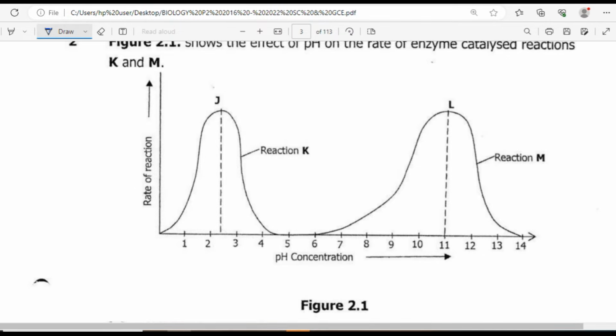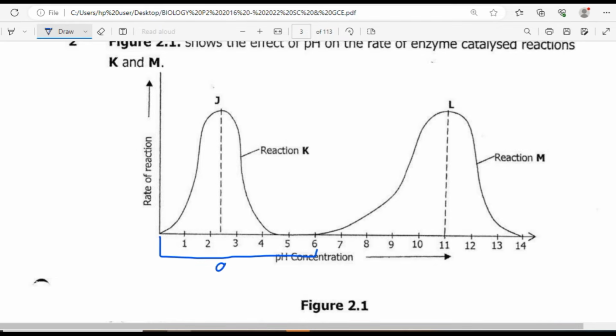Digestion is the process by which large molecules of food are broken down into simpler ones for two reasons: for easy absorption and for easy transportation.